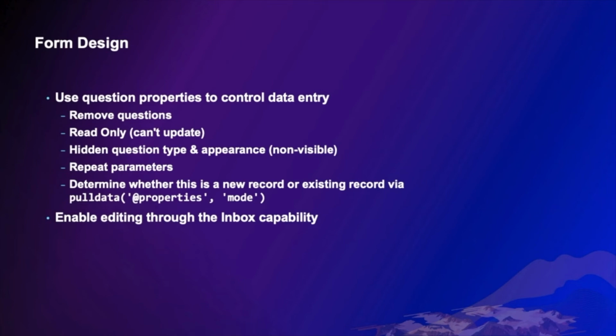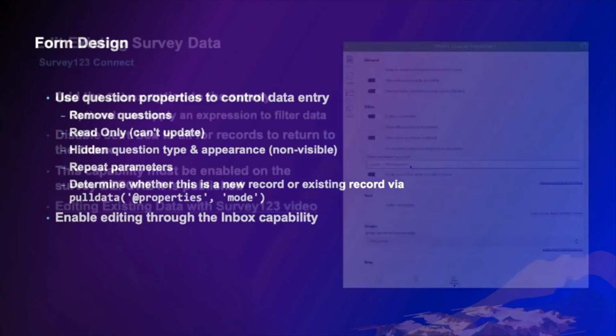One property useful in making questions editable on initial collection, but read-only when editing, is the mode property that can be retrieved via a pull data function. Finally, as mentioned before, you'll want to enable the inbox functionality to be able to edit the existing features.